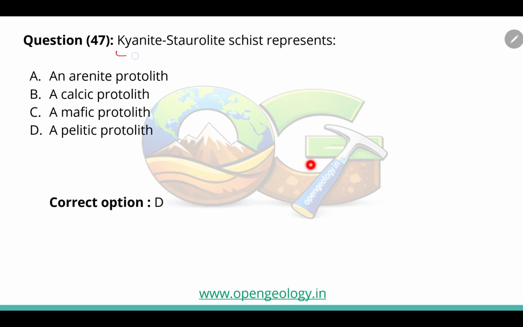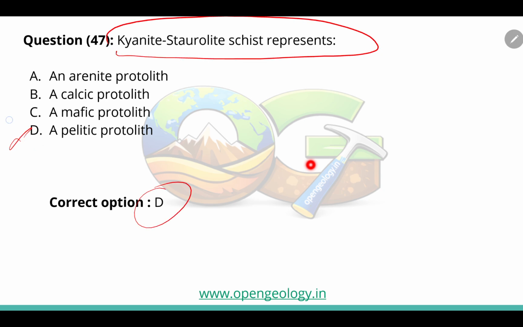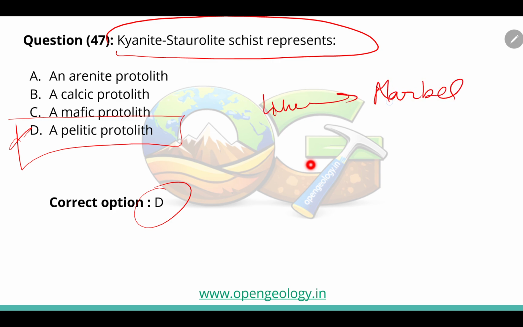Another question: kyanite staurolite schist represents. It represents a pelitic protolith. Different rocks are produced from different protoliths. If you have limestone, it will produce marble after metamorphism. If you have shale, that will produce gneiss.